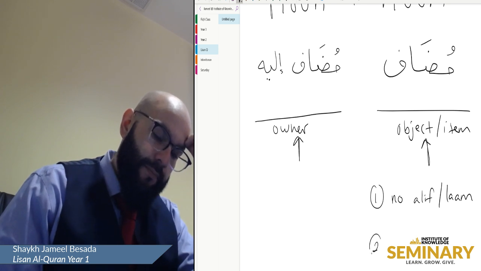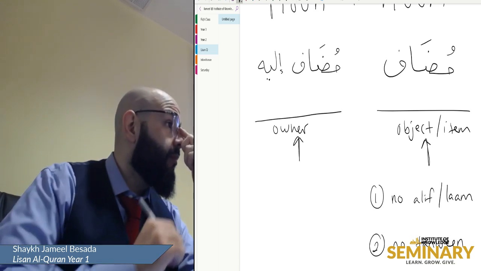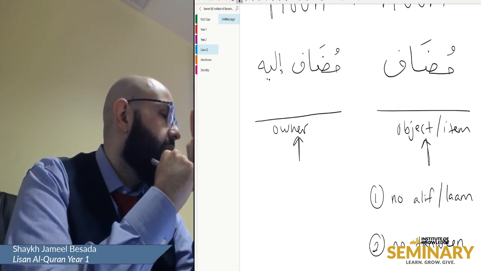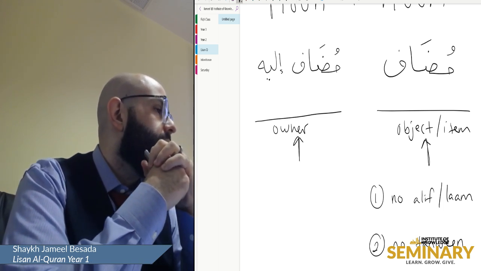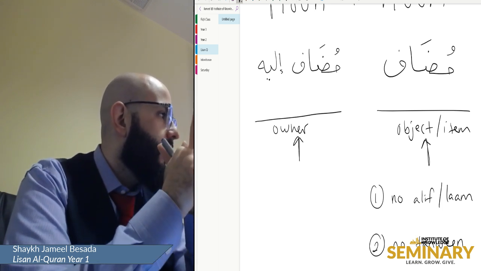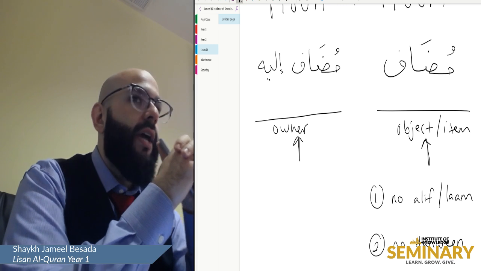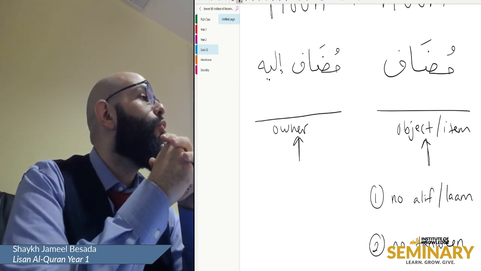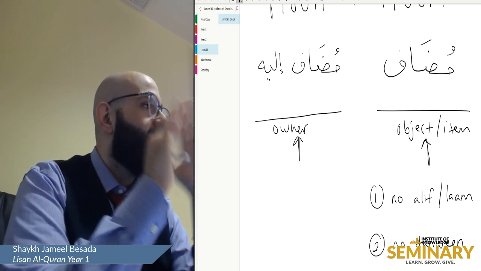Condition number two, no tanween. So what am I left with? One vowel only on the end of the word. Okay? No alif lam, no tanween, which means that this word will only have one vowel at the end. Qalamu, masjidu, baytu. That's it.